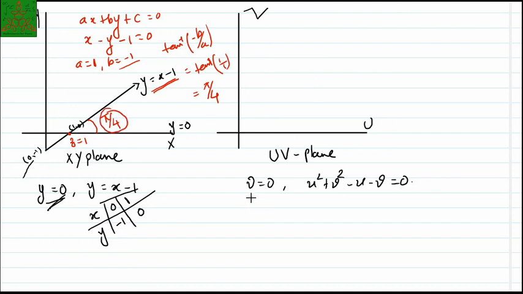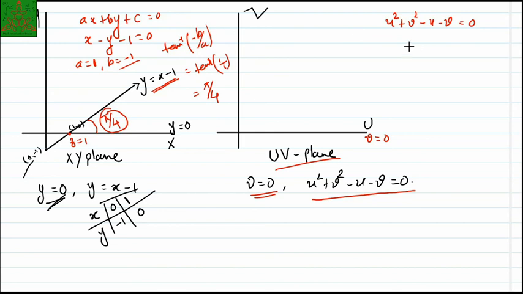Now on the other side, the image of this line in the UV plane, you have v equal to 0 that we have concluded. So the v equal to 0 line is this, which is the u-axis. And what does this represent? As I already mentioned, this is a circle, but let us try to conclude what this circle is. It is u square plus v square minus u minus v equal to 0.